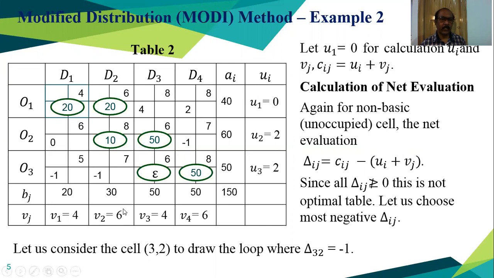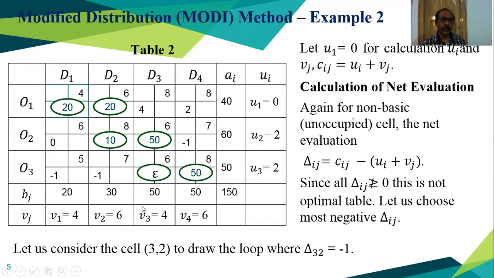So this is 6. Now in the same row, there is another allocation, 20 in the 1 1 cell. So V1 will be 4, because 4 plus 0 equal to 4. As soon as we got V2 equal to 6, with the help of this, here Cij is equal to 8, V2 is equal to 6, so U2 will be 2 because 2 plus 6 is equal to 8.